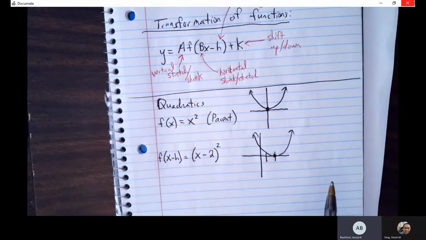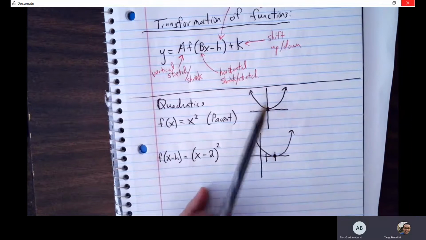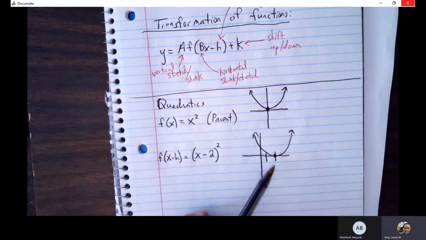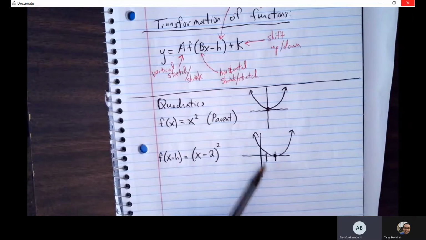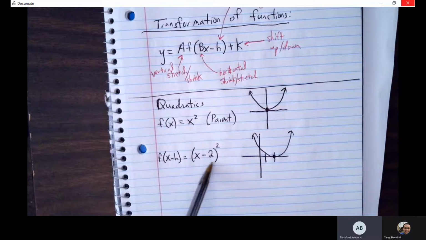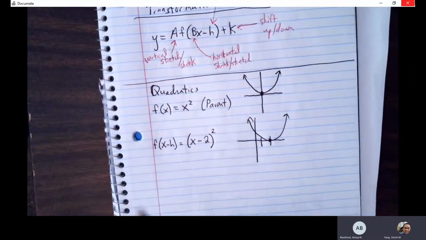I think you just tell by looking at the graph, right? Oh, I was going to say move it left or right. Yeah. Which direction? Right. Over 2 units. Yeah, 2 units.